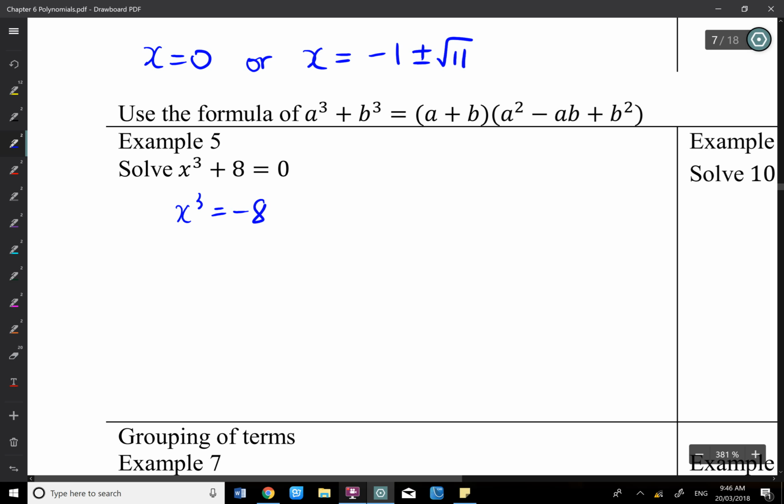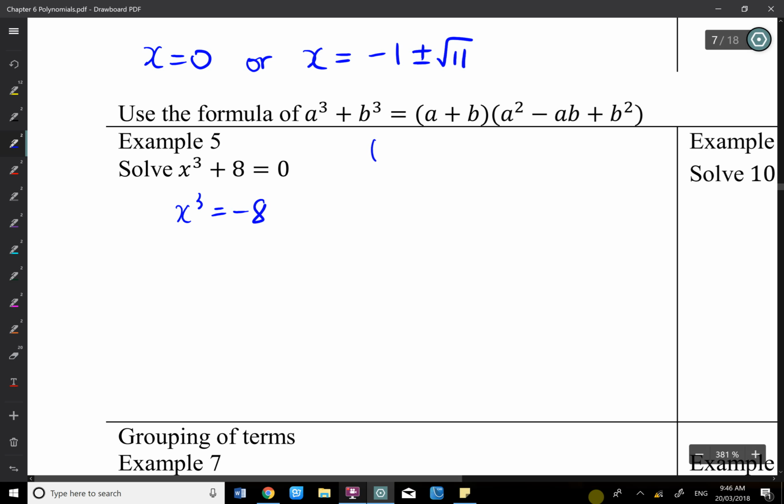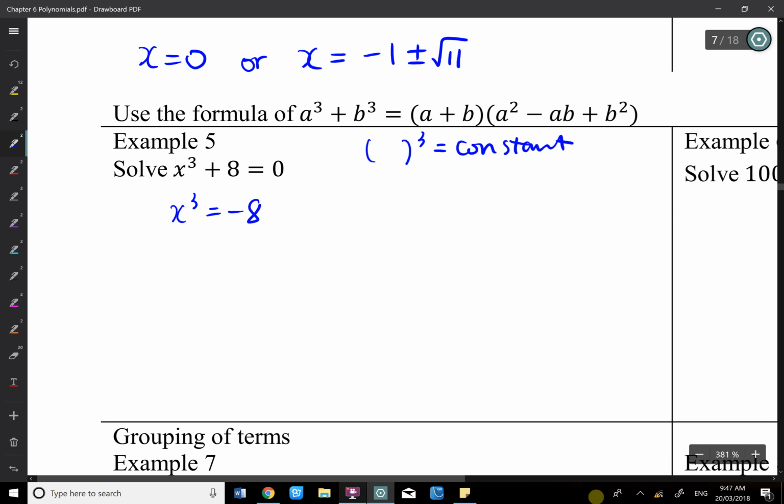Well, what type this belongs to is some cube equals to a constant. This form is some x cubed equals to a constant, and then I can solve that directly because I can take a cube root on both sides. What I have is x equals to minus 2. That way I can solve that very easily.